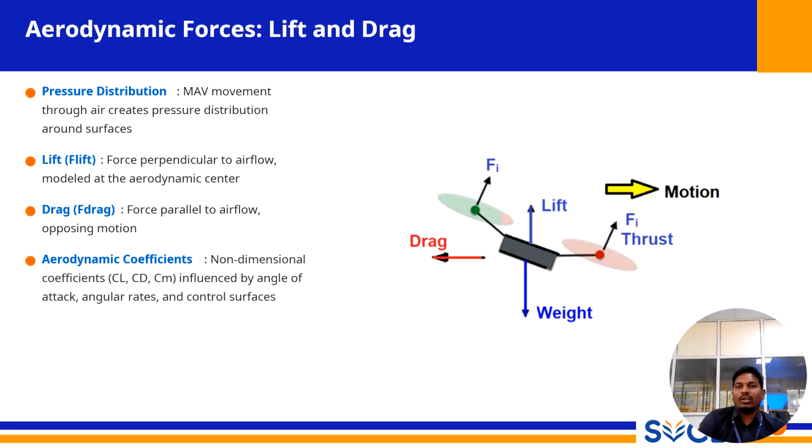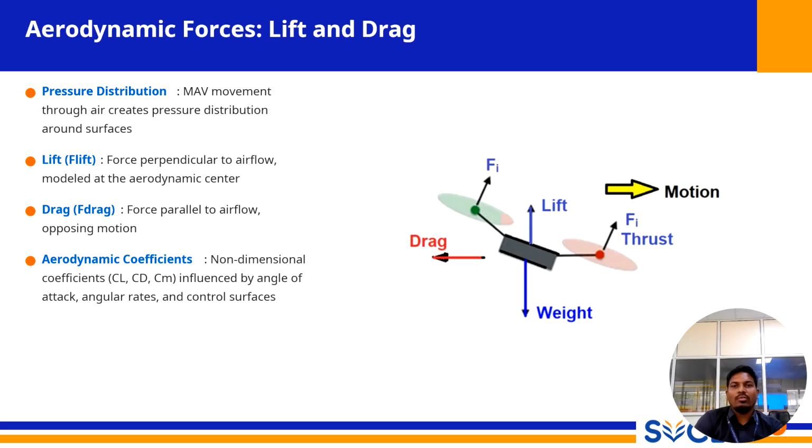The angle of attack, which is the angle between the aircraft and the oncoming airflow, is the most significant factor in determining lift. The angular rate, how fast the MAV is pitching, rolling, or yawing, also alters the airflow and creates a damping force that can crucially be stabilizing.